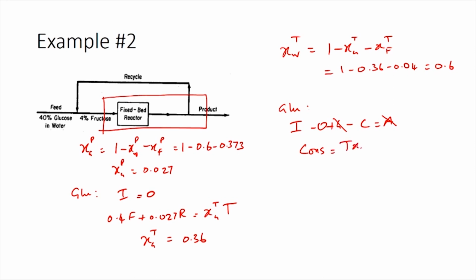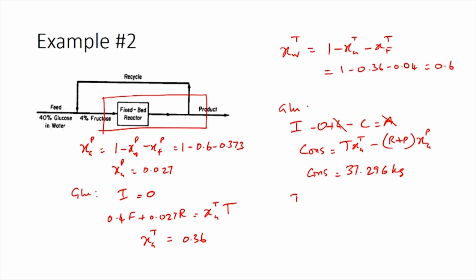Input is T times xGT and output is R plus P times xGP. Substituting the values for T, xGT, R plus P and xGP, we can calculate the consumption as 37.296 kilograms.